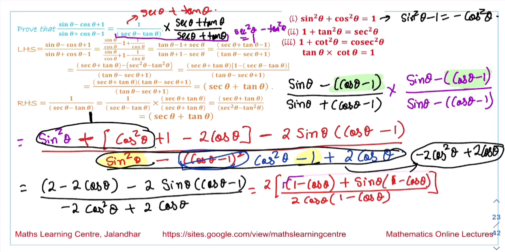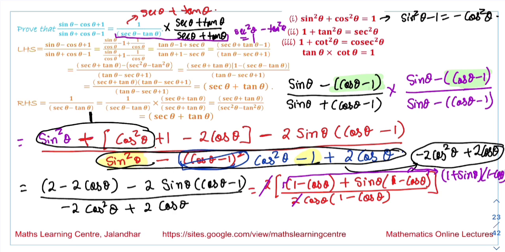In this numerator part, this 2 gets cancelled, and this term will become 1 plus sin theta into 1 minus cos theta.